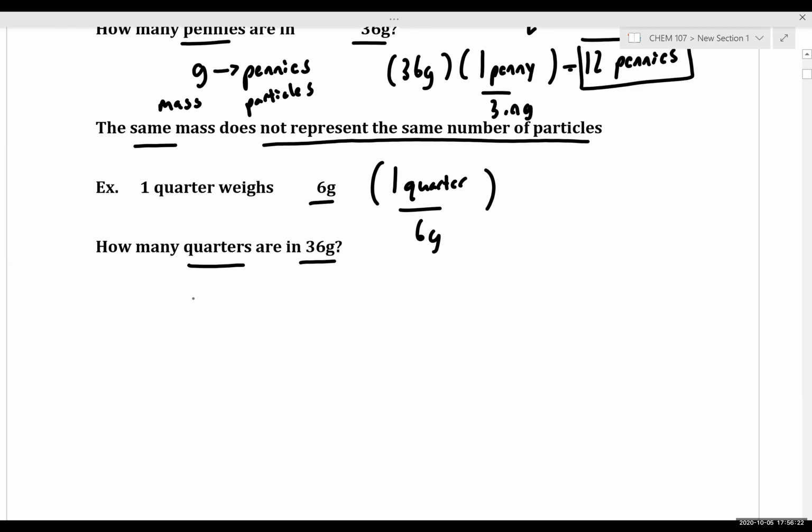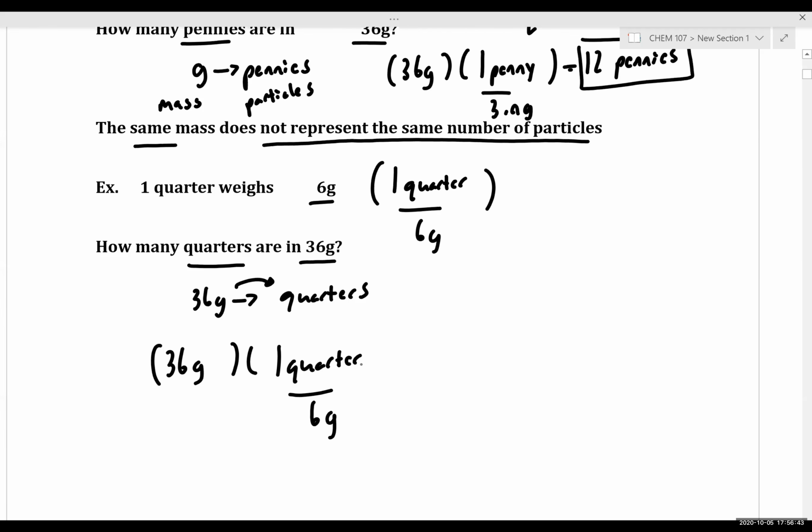How many quarters are in 36 grams? Just intuitive. 6, exactly. So to show this, if we have 36 grams, going from grams to quarters, I put quarters on top. So I have 1 quarter per 6 grams, and that in turn gives us 6 quarters.